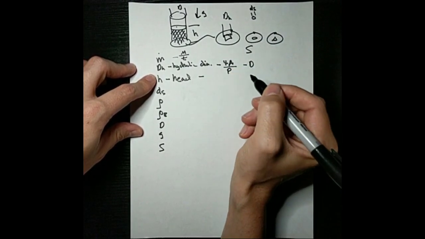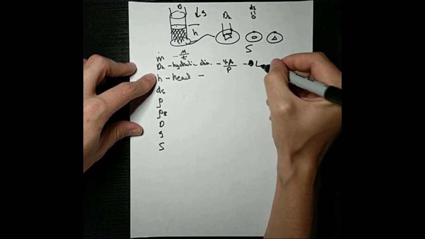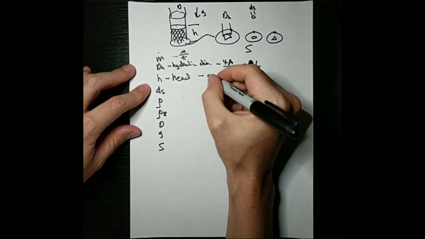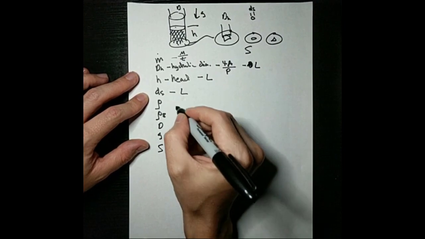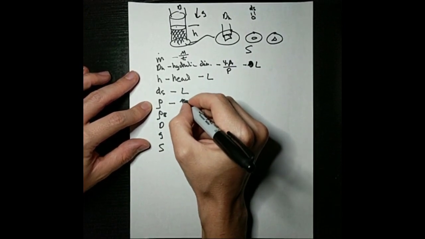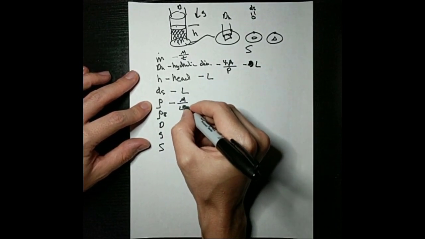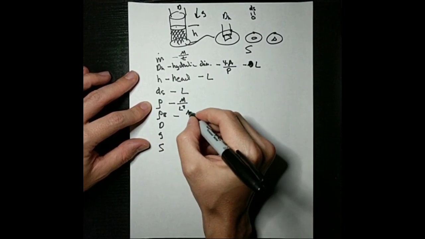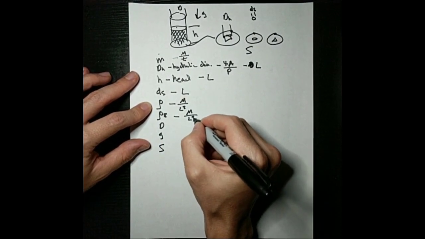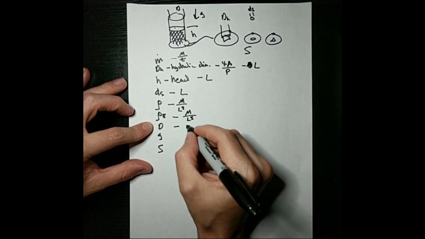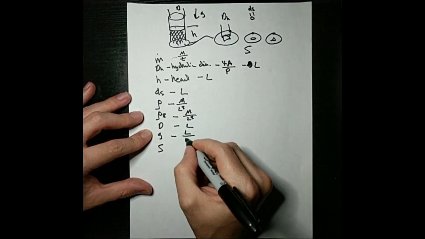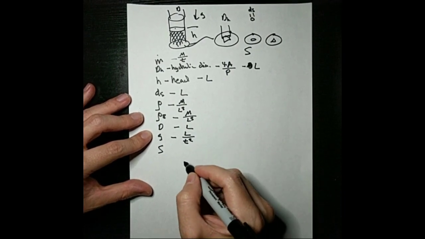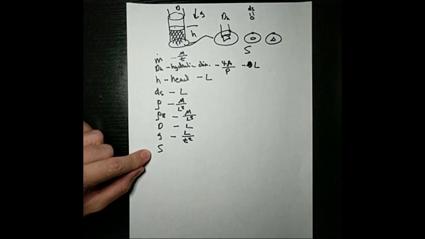Packing height is a length. Spherical diameter is a length. Density is a mass per length cubed. So is bulk density. Diameter is a length. Gravity is length per time squared. And our shape factor doesn't have any dimensions.